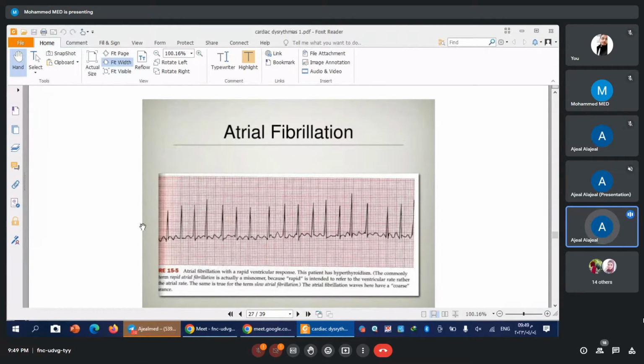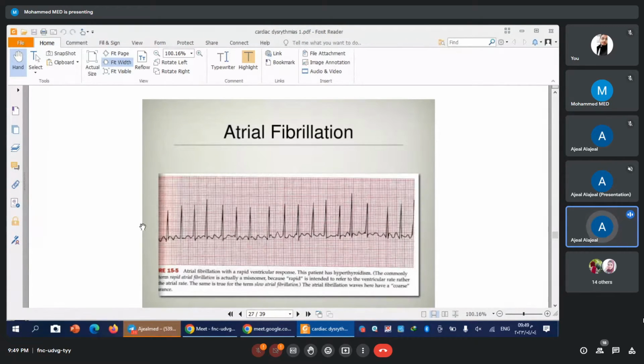If there is no underlying cause, cardioversion is fine. But if there is an underlying cause like mitral stenosis or thyrotoxicosis or cardiomyopathy, then don't try cardioversion, because it will go again into atrial fibrillation. In this case, we just control the rate, and many drugs are available.